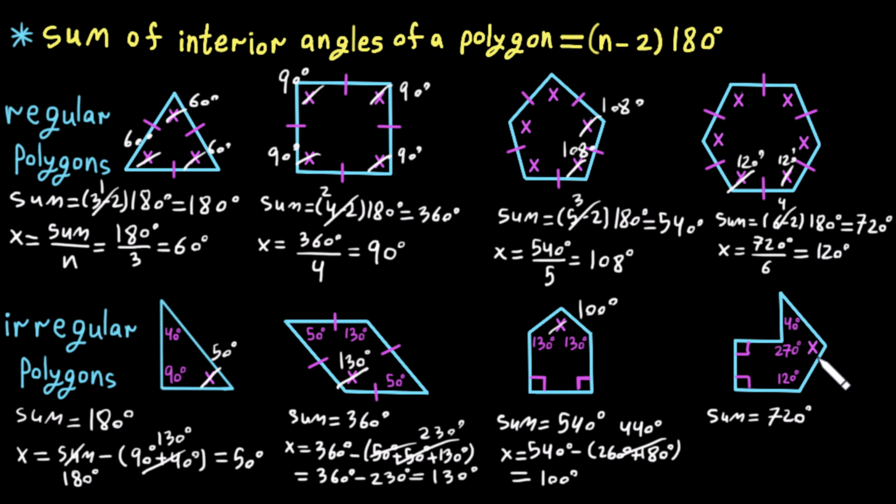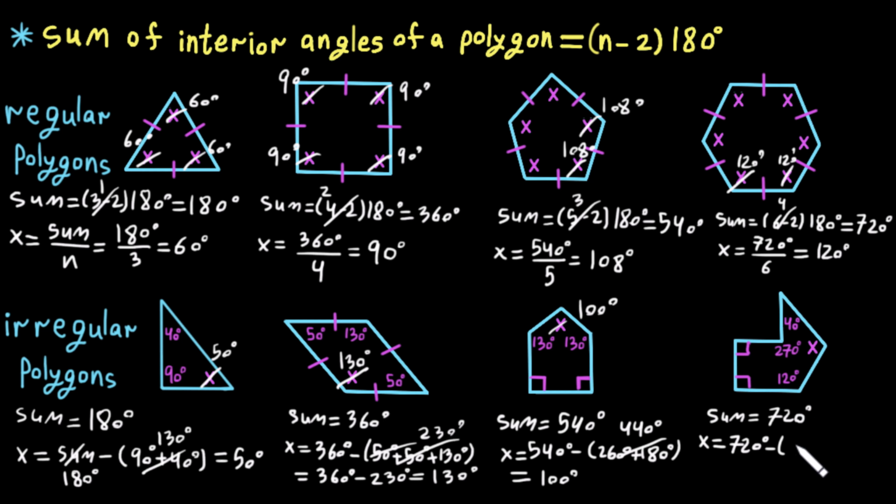So how can we find this x? Exactly the same as we did here. The value of this x equals 720, the sum, minus the sum of interior angles left here. So 90 plus 90 plus 120 plus 270 plus 40.